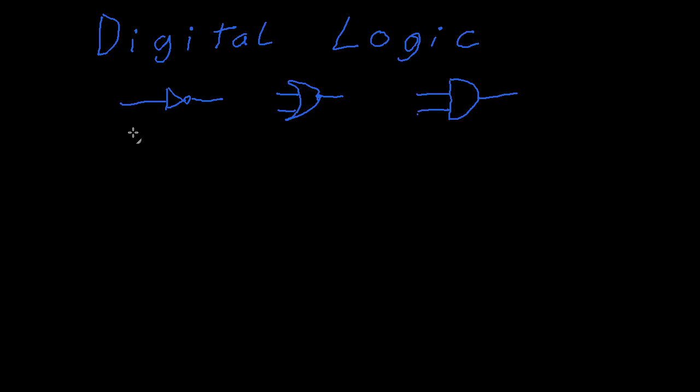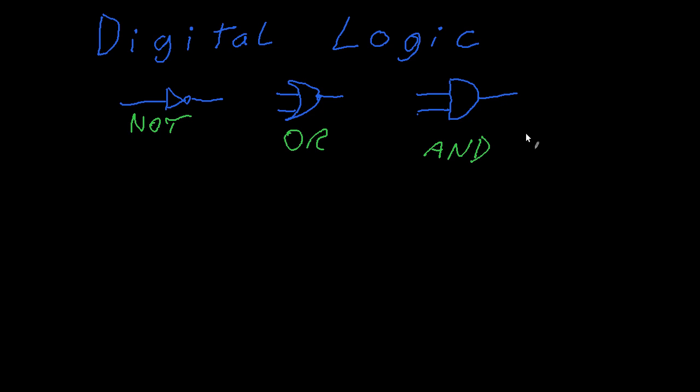We have not. We have or. We have and. These three building blocks are what computers are constructed from.